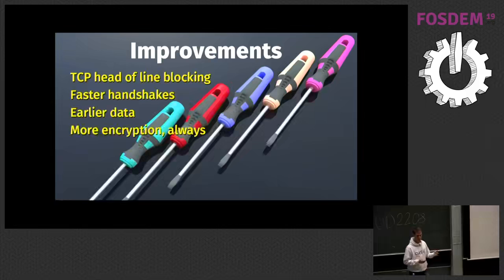Both for your privacy and security, but also to reduce ossification. Boxes won't see your traffic. They can't make any wrong conclusions about what's in there. So this, hopefully then, will put a pretty good foundation for future developments.